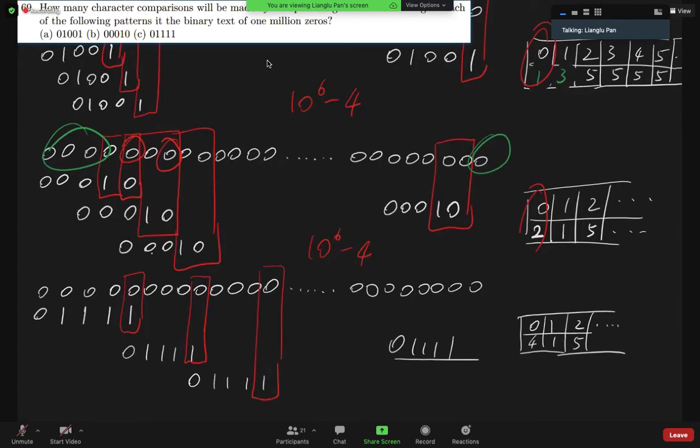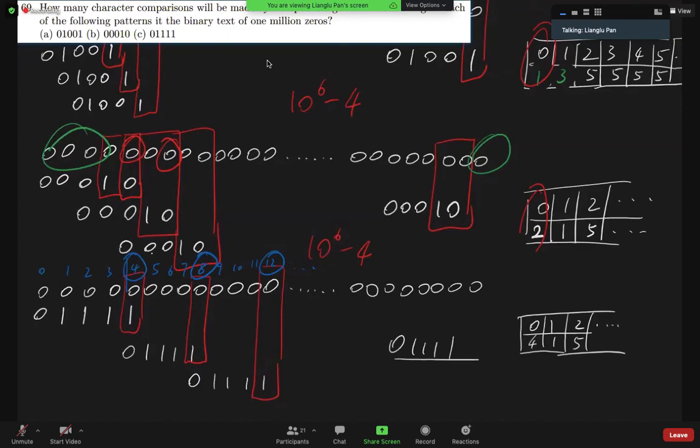If I add index values for each of the zeros in the string, we get 0, 1, 2, 3, 4, 5, 6, 7, 8, 9, 10, 11, 12, and so on. Now I think we've made a comparison here at index 4, index 8, index 12.